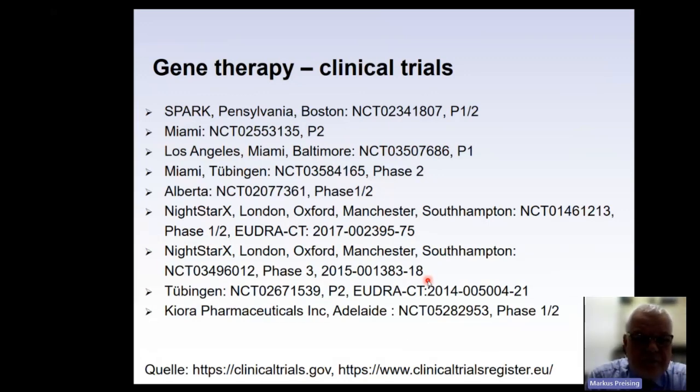Therefore, we have to consider that the outcome parameters for the choroideremia gene therapy need to be set differently than simply telling we need an improvement in visual acuity or night vision acuity.